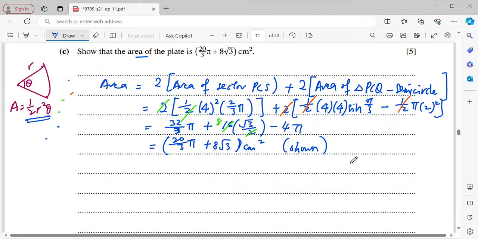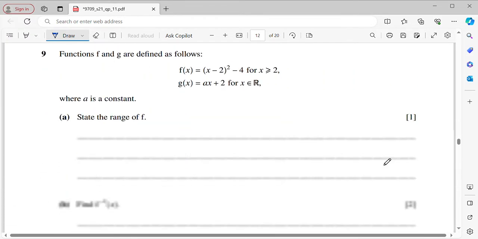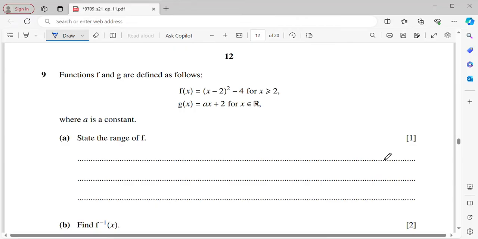Okay, so done for this question. Now next question is question 9. Functions f and g are defined as follows. Given fx and gx, state the range of f. So now we know that the minimum point of f is with coordinates, let this be 2, and then this is the y coordinate.